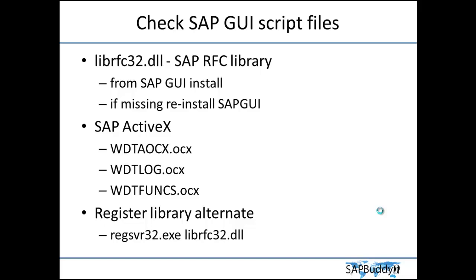While we are installing SAP GUI, many files will be copied to your Windows local system. We are going to see some of the files required to establish this interface between SAP and Microsoft Excel.